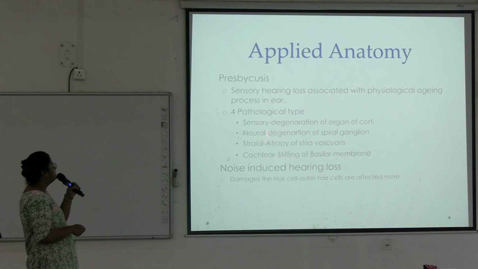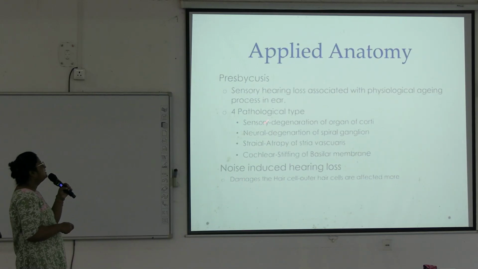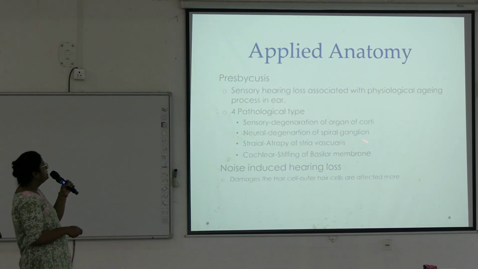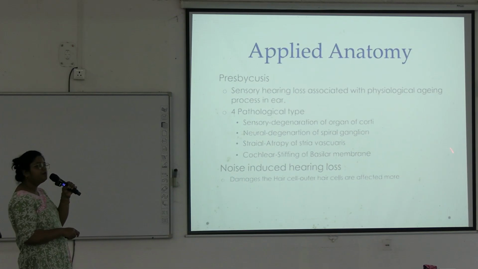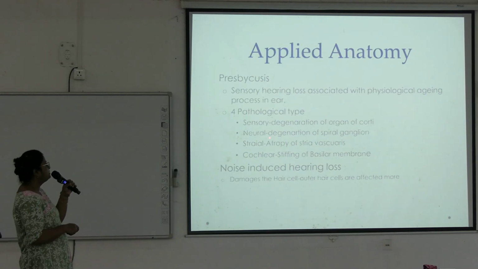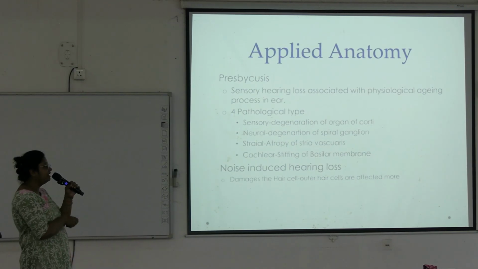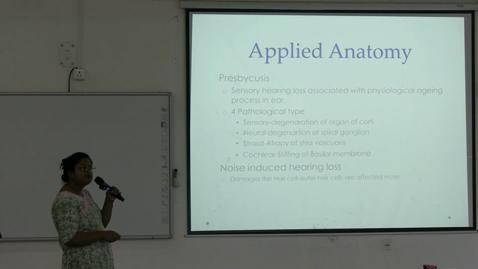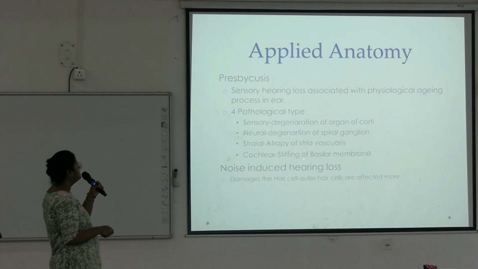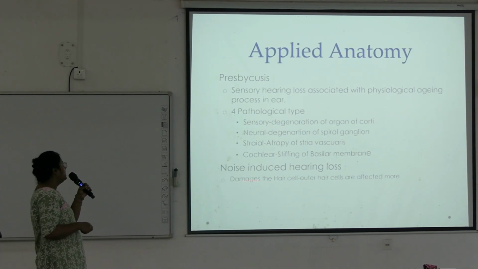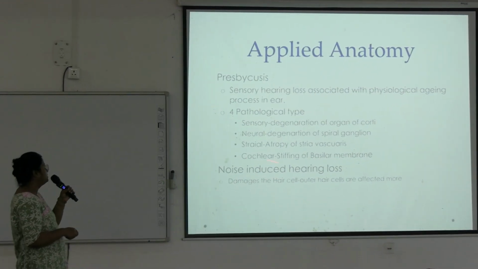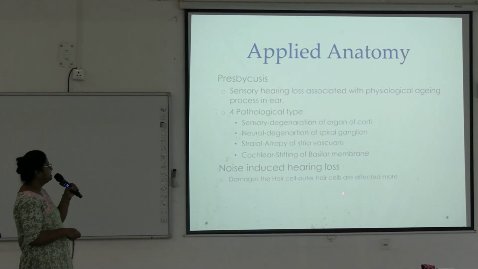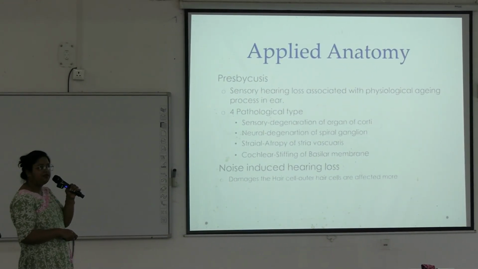Four pathological types are there: sensory hearing loss due to degeneration of the organ of Corti, neural hearing loss due to degeneration of the spiral ganglion, strial atrophy of the stria vascularis, and cochlear conductive stiffening of the basilar membrane. Noise-induced hearing loss damages the hair cells. Outer hair cells are affected more.